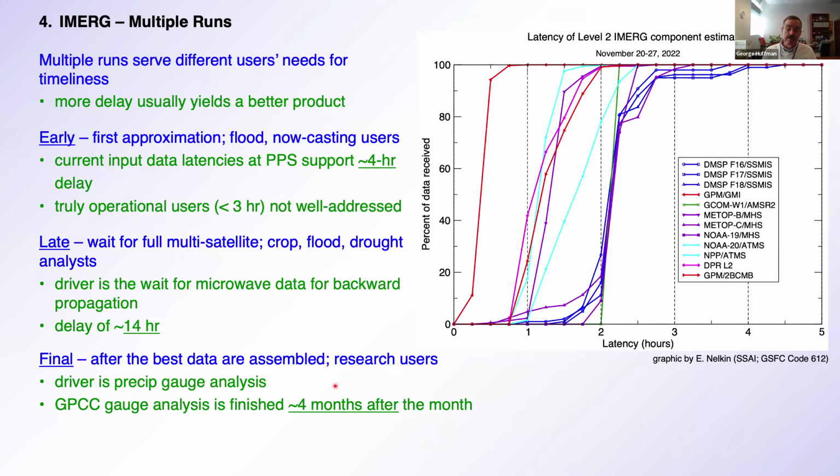On the other hand, if you're developing a near real-time product, either the early or late, depending on how long you can wait, is what you need to use, because we have a complete retrospective processing which emulates the early and late as well as the final for the entire data record, which means you can reliably develop statistics based on the performance of the early and late, if that's what you're using.